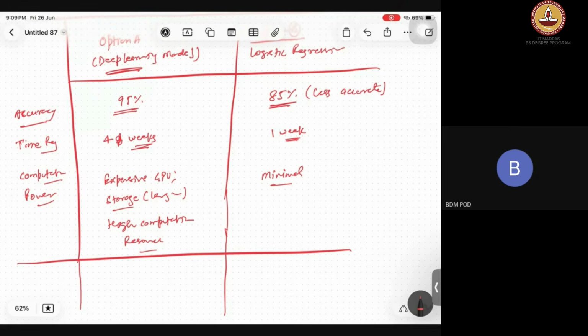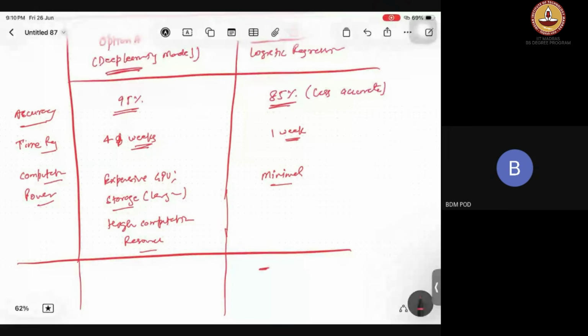You are not able to understand what exactly is happening inside the model, or why this person is flagged as a defaulter. What are the main reasons? But with logistic regression, you have a whole understanding of how the model is working. So it is easy for you to interpret why things are happening, and what the different parameters are because of which the logistic regression model is highlighting.